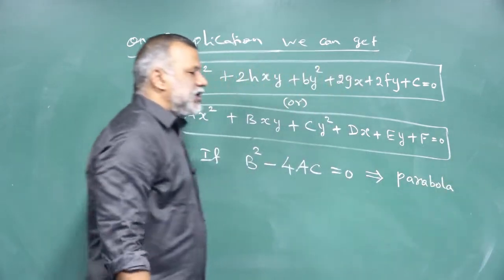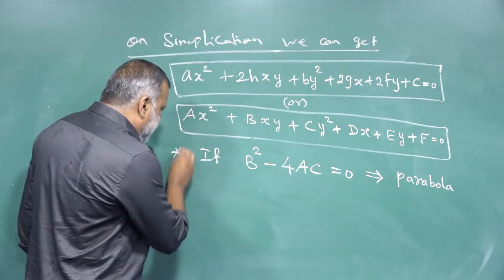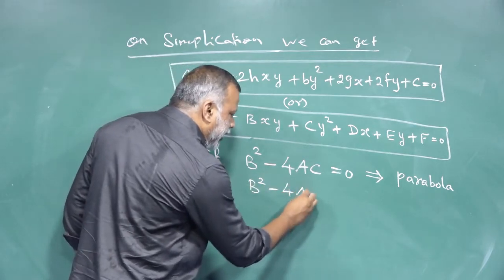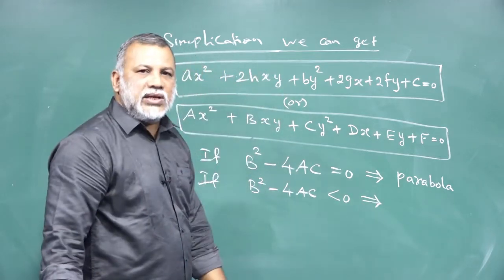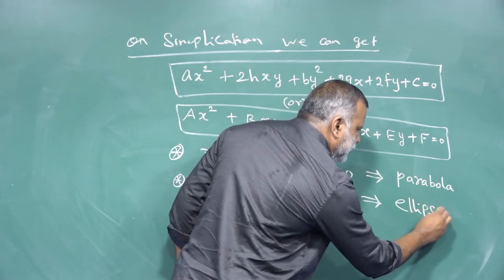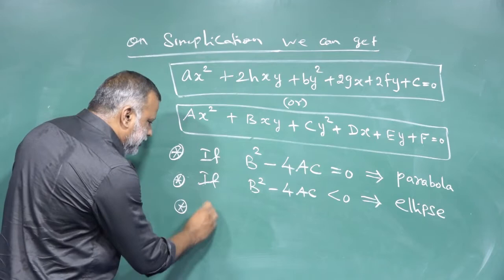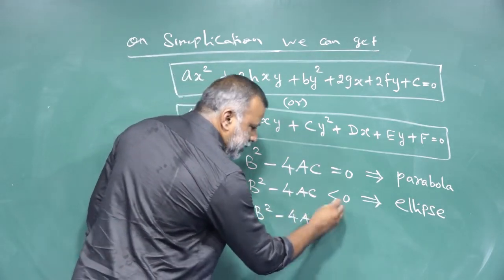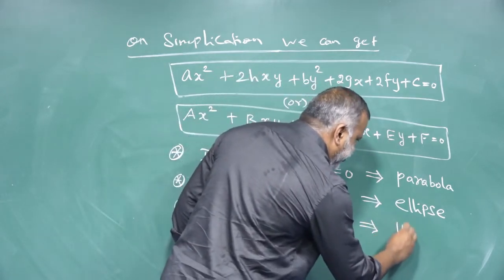The second concept is, if b² − 4ac < 0, then it represents an ellipse. The third logic is, if b² − 4ac > 0, then it represents a hyperbola.